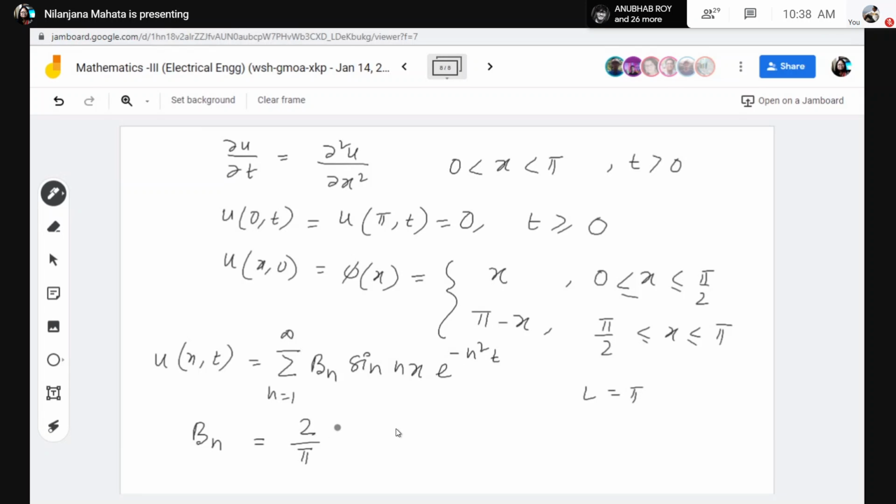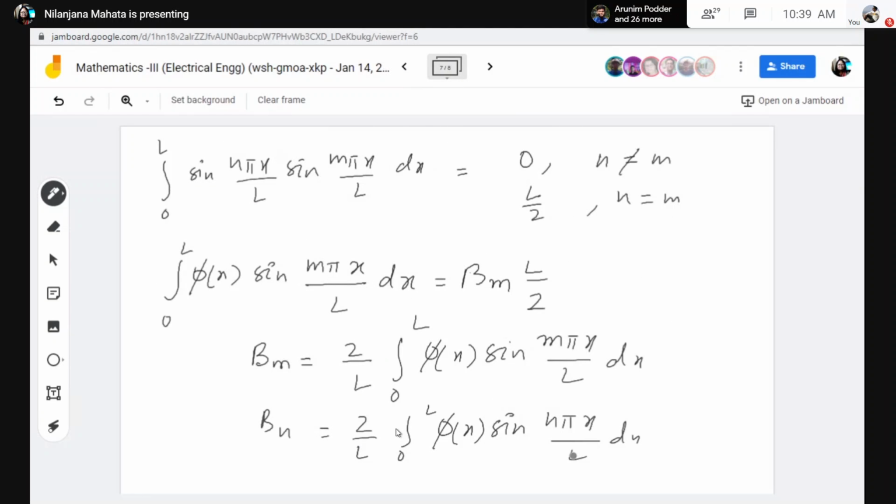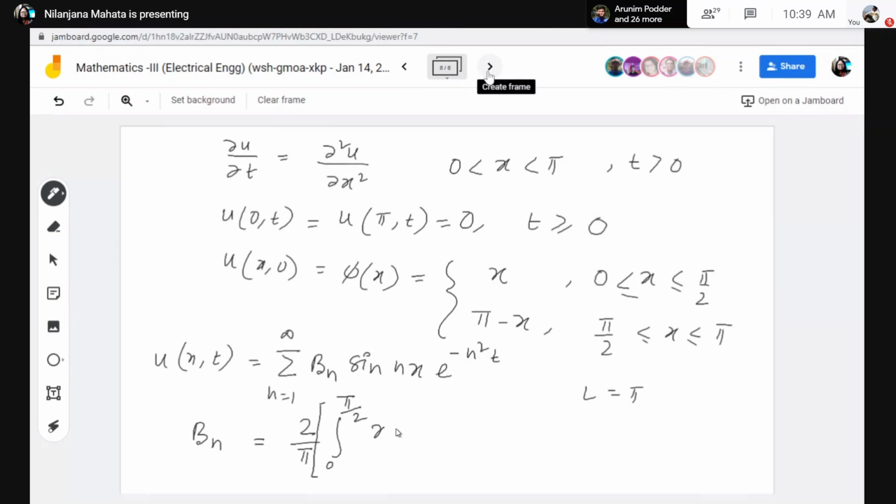So this will be 2 by pi, integral 0 to pi of phi x sine n pi x by L. I have to write down 2 integrations: 0 to pi by 2, phi x is x, sine nx dx, and pi by 2 to pi, it is pi minus x, sine nx dx.